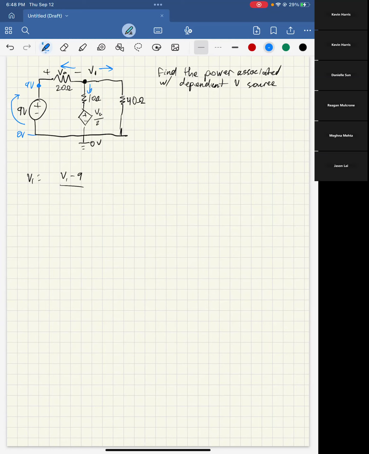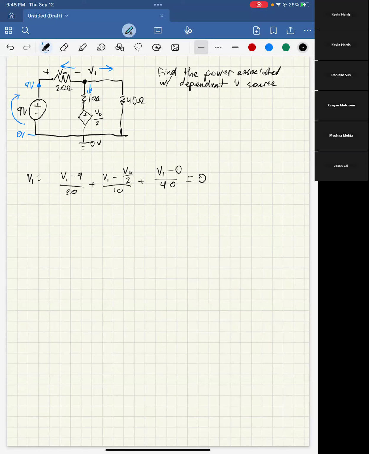Then V1 minus VA over 2 over 10 from the dependent source, and then V1 minus 0 over 40.